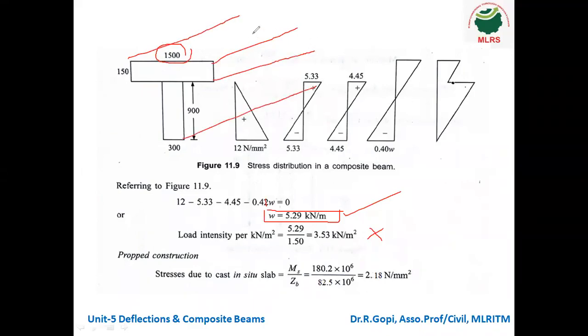For a 1 meter length, for this hatched portion, how much load is acting in terms of kilonewton per meter square? So 5.29 divided by 1.5 gives 3.53 kilonewton per meter square.